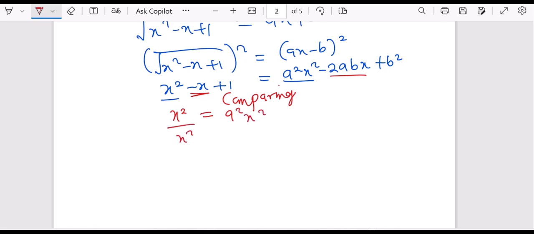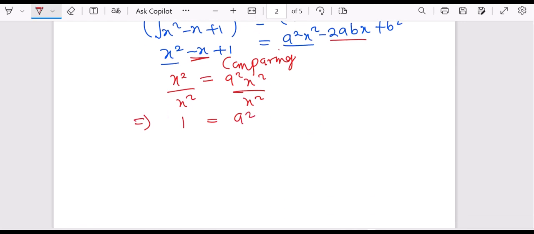Dividing both sides by x squared, this will imply we have 1 equals a squared. Now to find a, we take the root of a squared equals root 1, and so this will imply that a is equal to plus or minus 1.